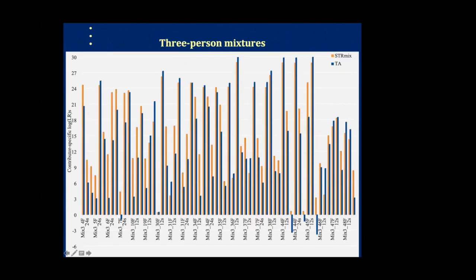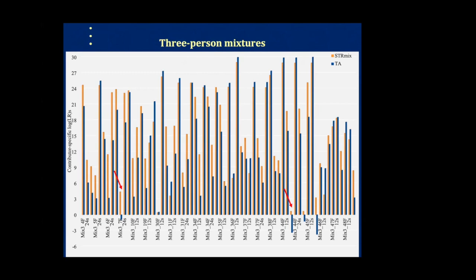Here is data for three-person mixtures. Same setup, with contributor-specific log LRs on the y-axis and all the mixtures listed below with their contributor-specific log LRs on the x-axis. These arrows are pointing to contributors showing a difference in the log LR.